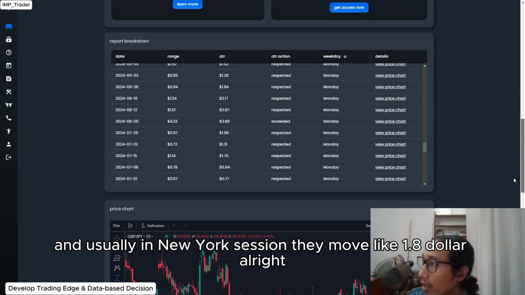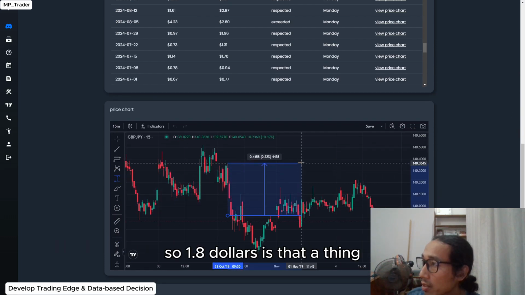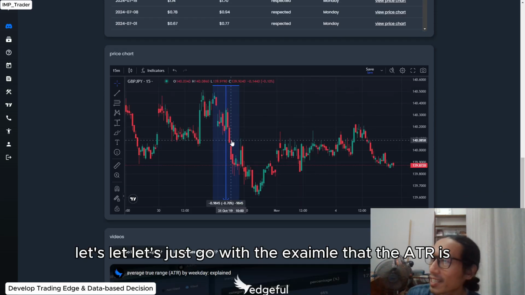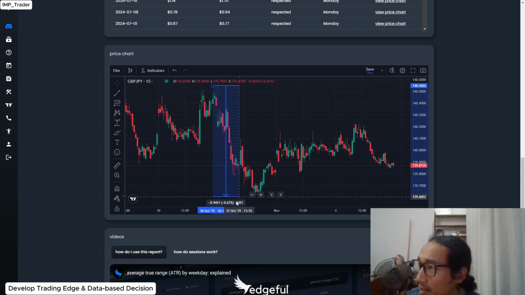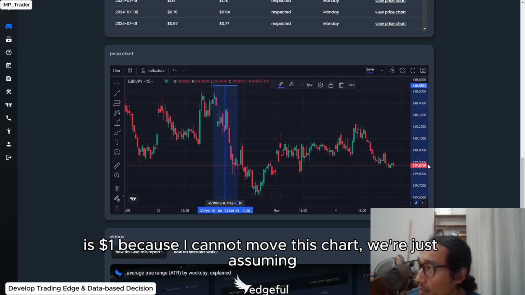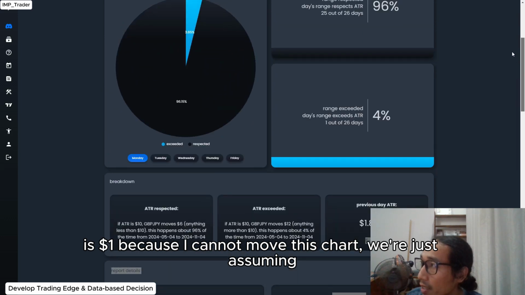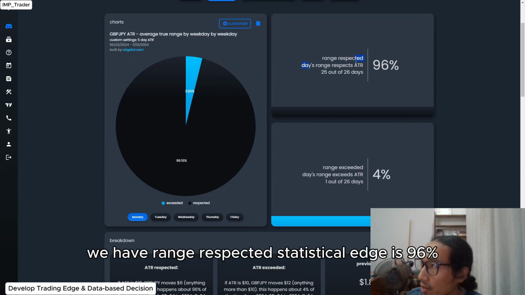All right. Let's just go with the example that the ATR is $1, because I cannot move this chart. Which is an assumption, right? Because we have the range respected statistical edge at 96%.